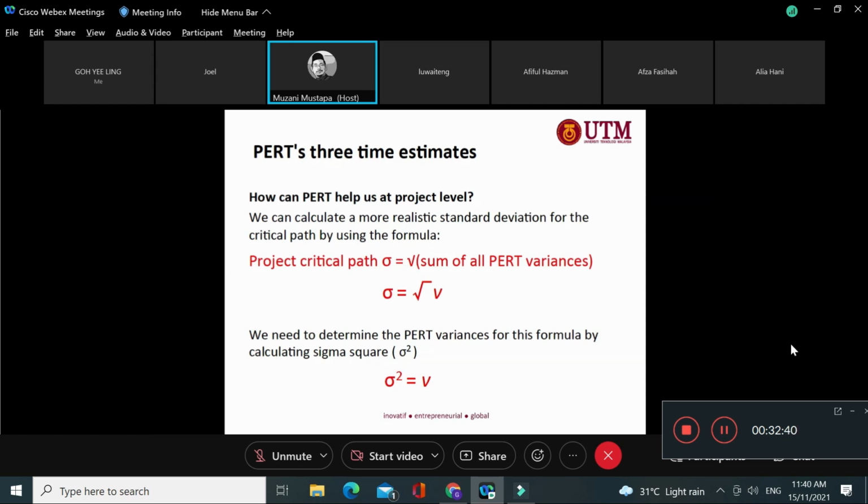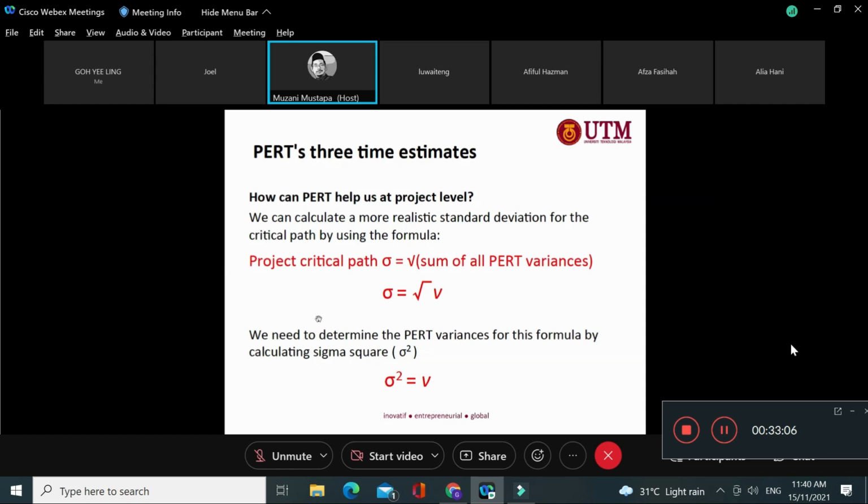Once you got the equation, you got TE, time expected from one activity tadi. Okay, one activity, you got three point of estimation. You calculate all the 3 tu dalam equation, you got TE, ataupun single estimate based from the different point tadi, right?